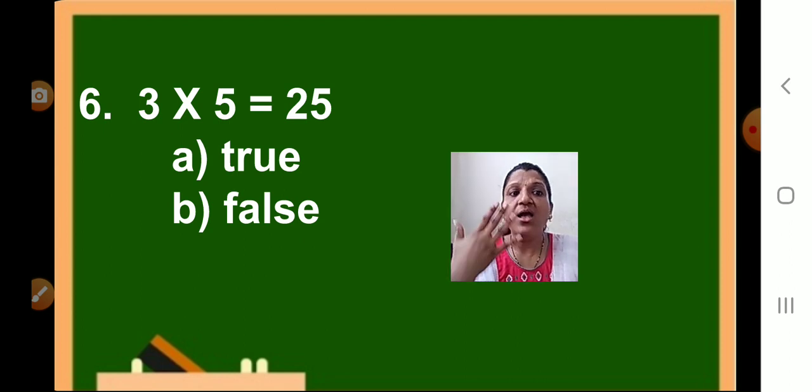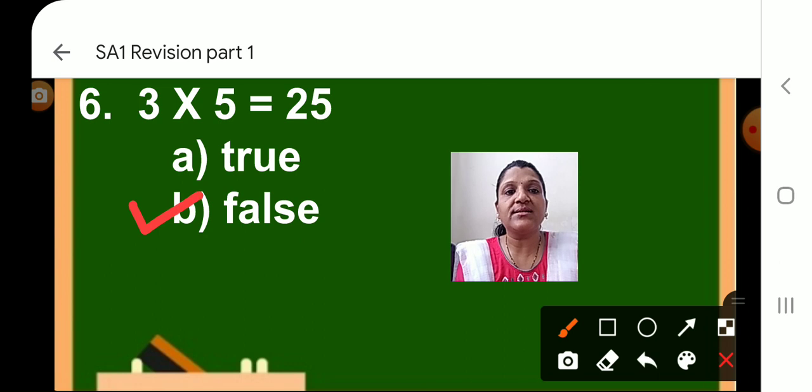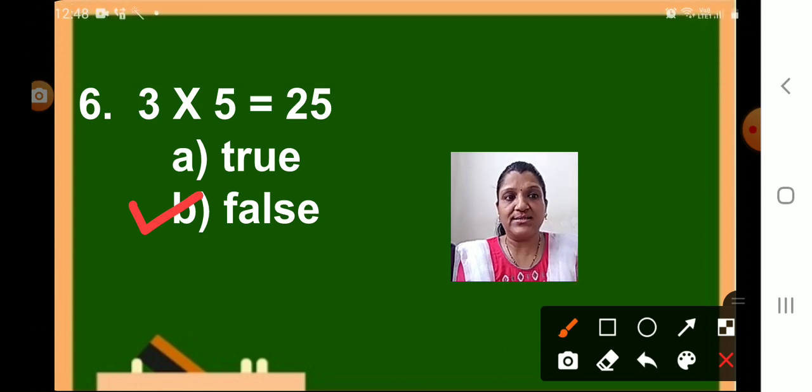But the given answer is 25, which is not correct. So which option we will select? False, right. So select B, false. Okay. Let's move to the next question.